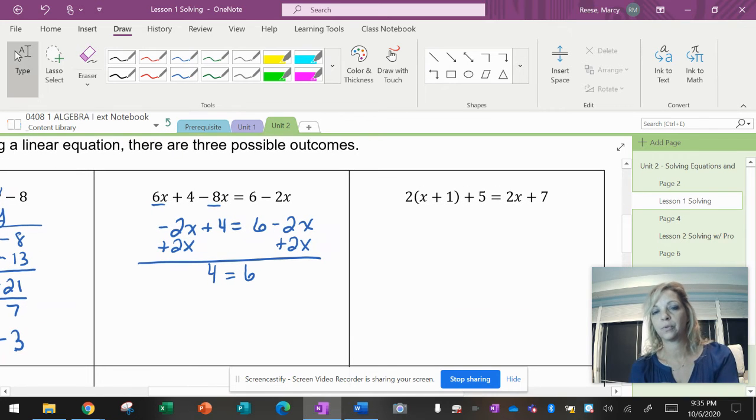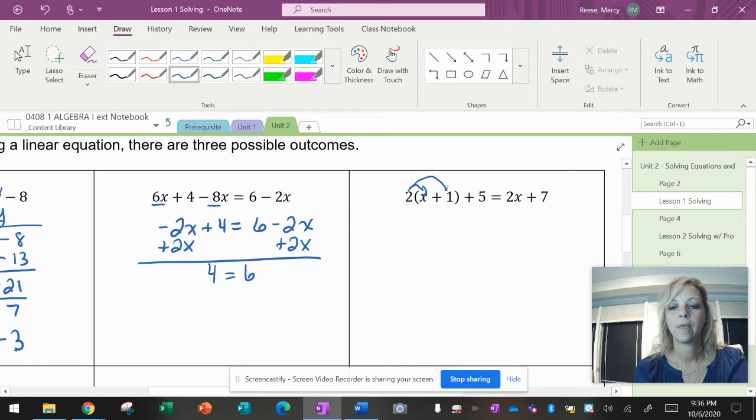I want to show you this one, and then we'll come back to this equation we just finished. Let me show you what happens here. I've got 2x plus 2 plus 5, and I jumped into it, and I apologize I didn't say it.